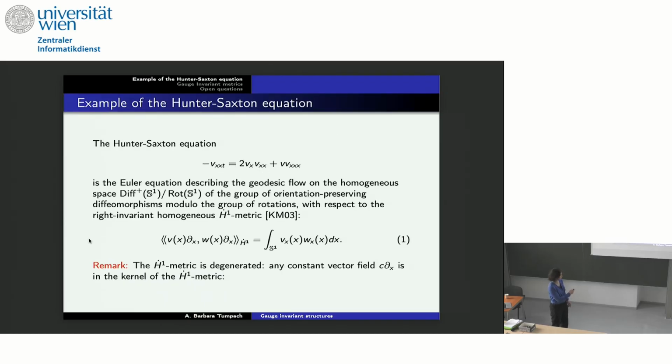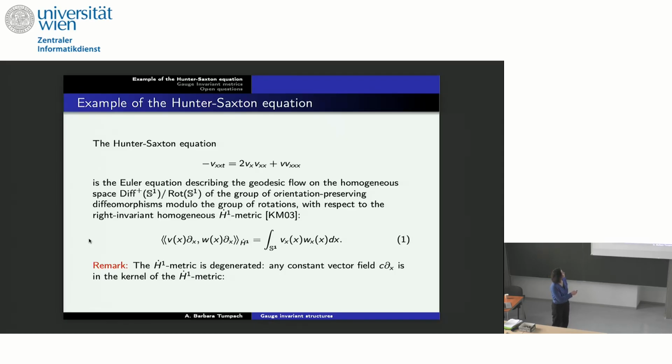Okay, so let's go back to the Hunter-Saxon equation, which is the following. You have seen it yesterday. And Klaas told us that this is an equation describing geodesic flow on the homogeneous space given by the diffeomorphisms of S1, which are preserving the orientation, modulo the rotations of S1. So the group of rotations is actually a subgroup of the diffeomorphisms, of course, acting by rotations.